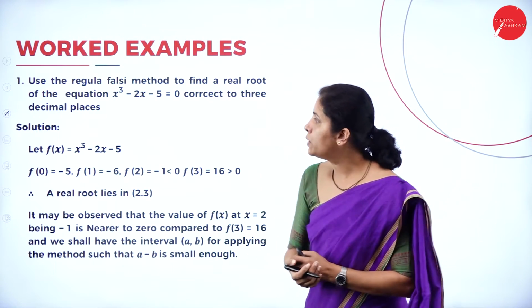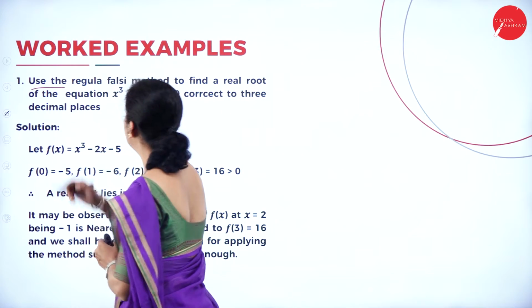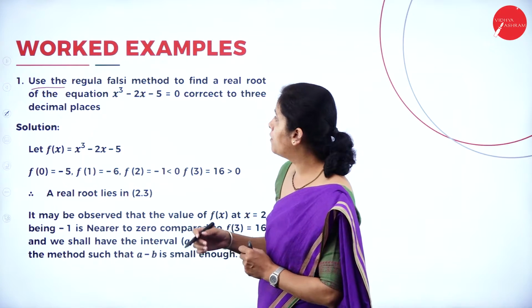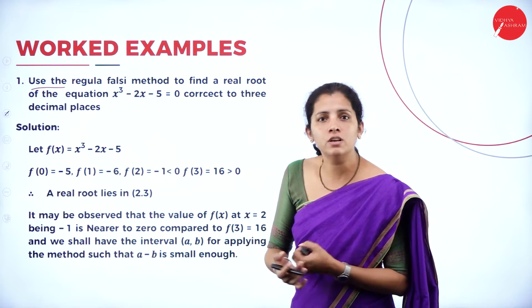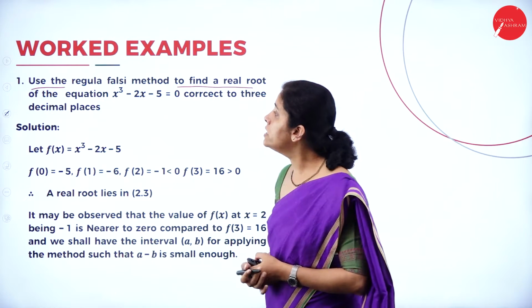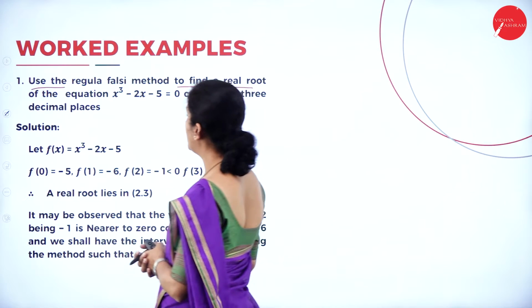Now, I'm going to have my first question under this type. Use the regula falsi method to find a real root of the equation. And what's the equation I have here?